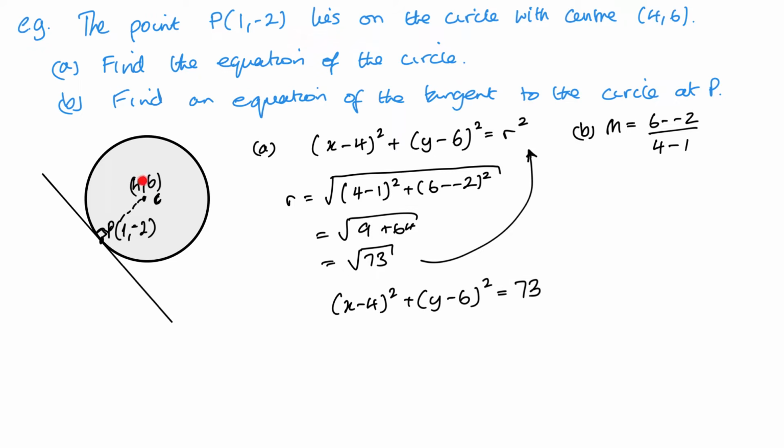Remember again, start with the same x and y, so the coordinates are above each other. So on the top you can see I've got 8 over 3. And that's the gradient of my radius. I'll put a little r there for radius.